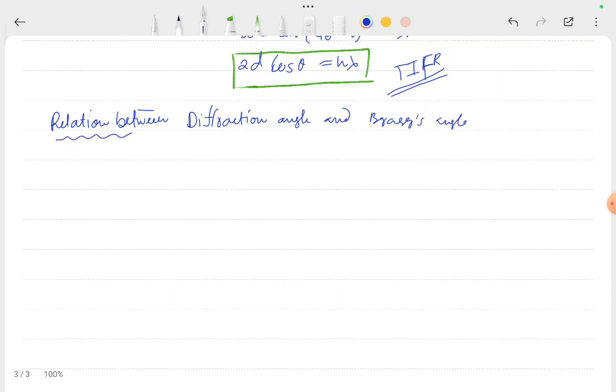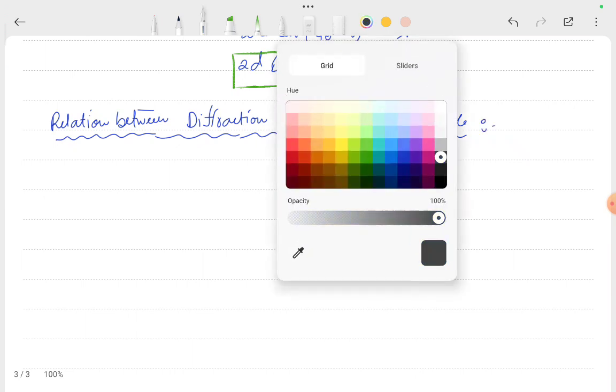Okay, just take a note. These points are very important for your competitive exams.